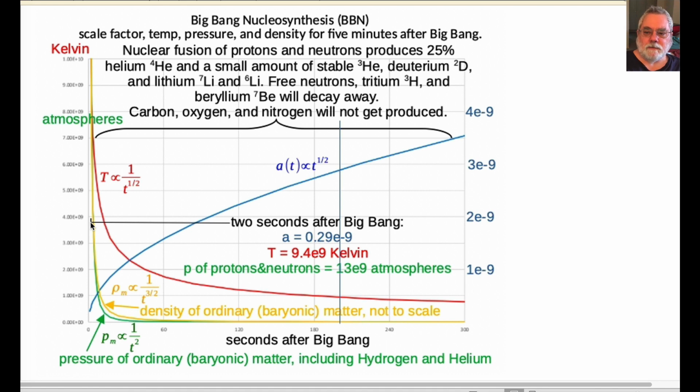From 2 seconds to 300 seconds, a factor of 150, the scale factor increased by a factor of square root of 150, which is 12.25, which I will sometimes truncate to 12. The scale factor is the blue curve with its scale on the right-hand side.